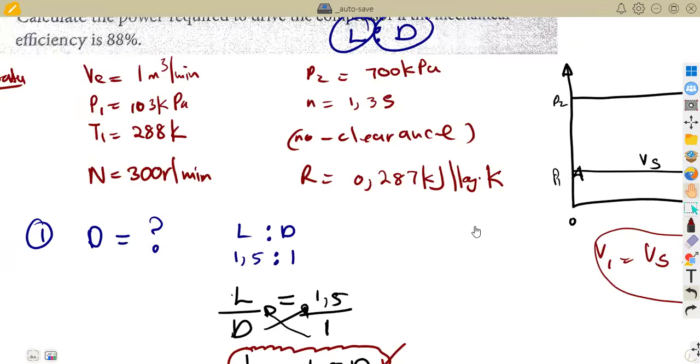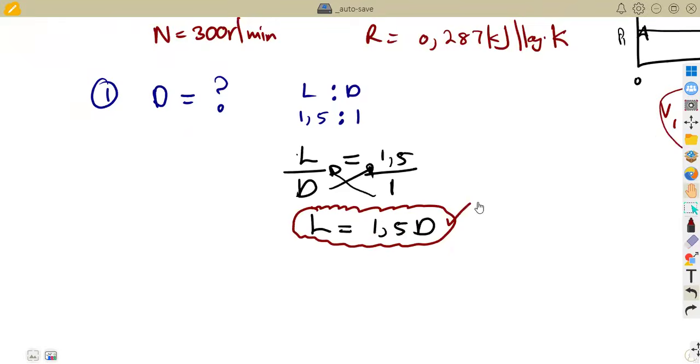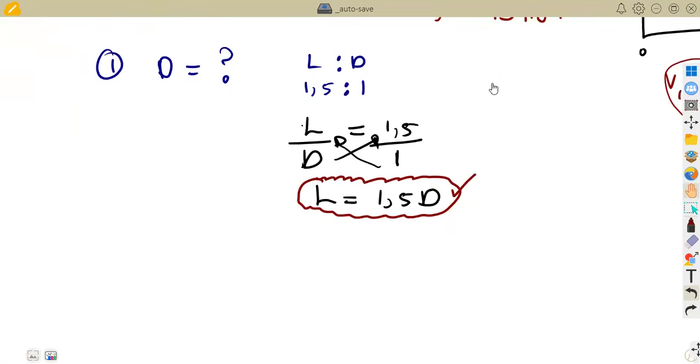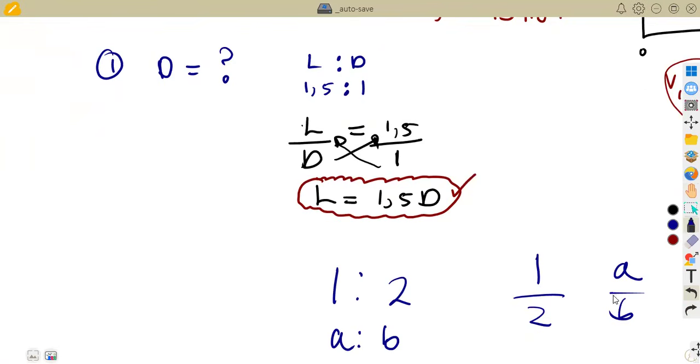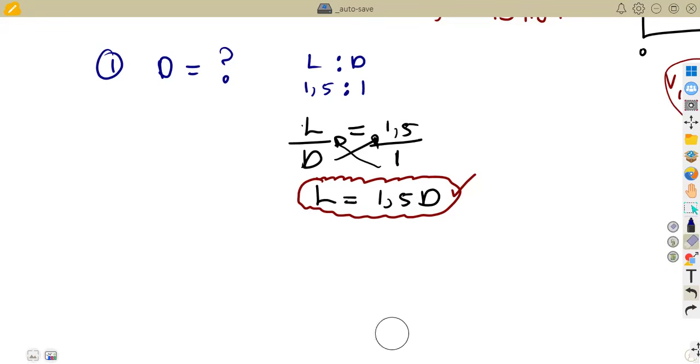So you need to know ratio from your mathematics. All right, 1 as to 2 is 1 over 2. A as to B is A over B. So A is 1, B is 2. That's the idea there. So we want to use these to answer the question.